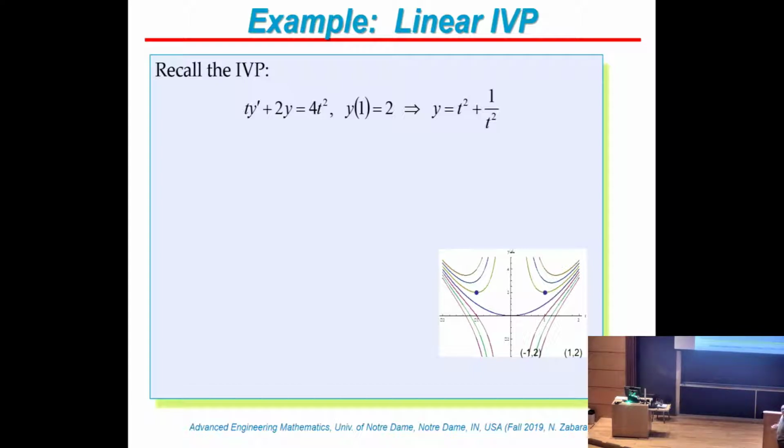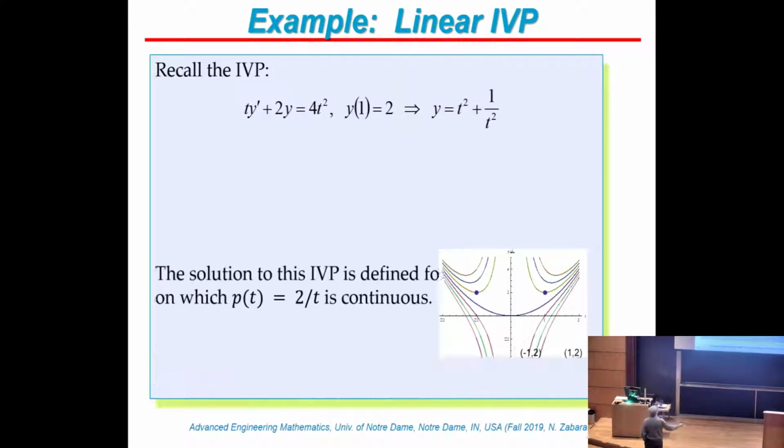Because then you will need a subinterval around time 0, and around time 0, p and g are not continuous. You see that? Yes?